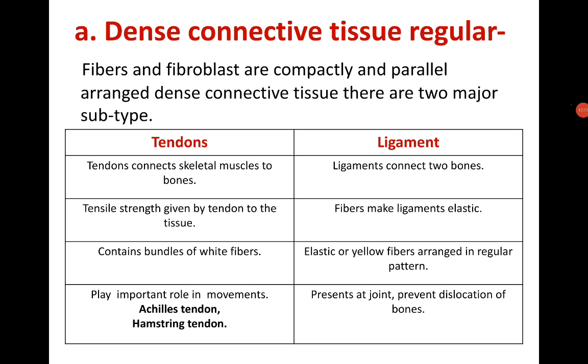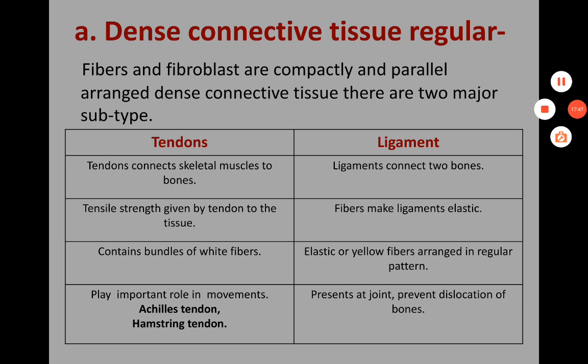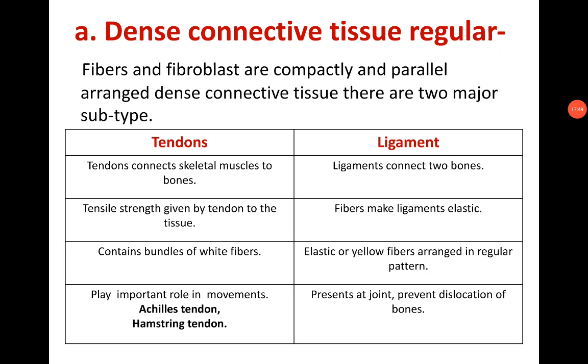Hamstring tendons: the hamstring tendon crosses and acts upon two joints, the hip and the knee, and such muscles are termed articular muscles. It is responsible for movement of the legs and the lower part of the knee. This movement is possible with the help of the hamstring tendon.